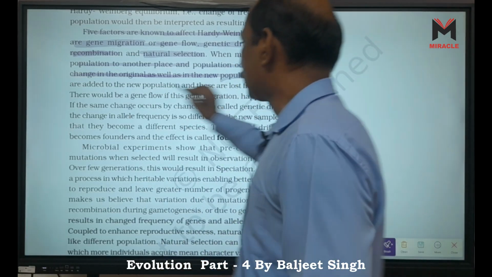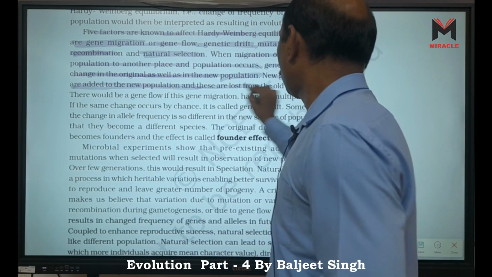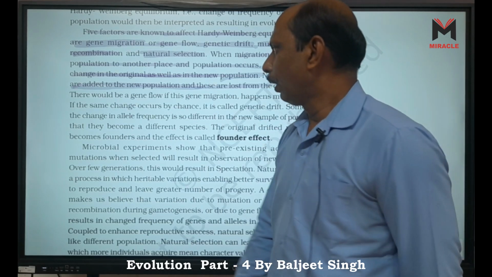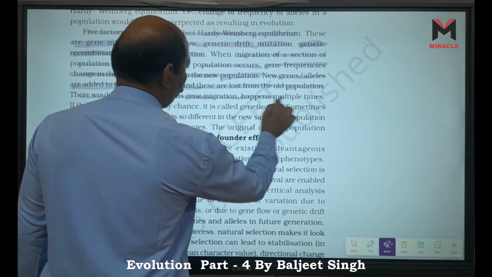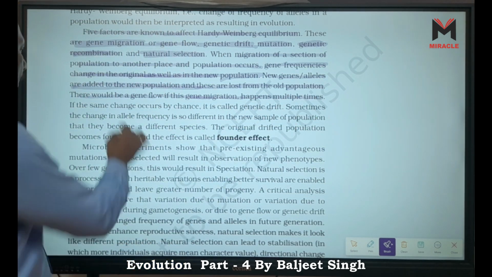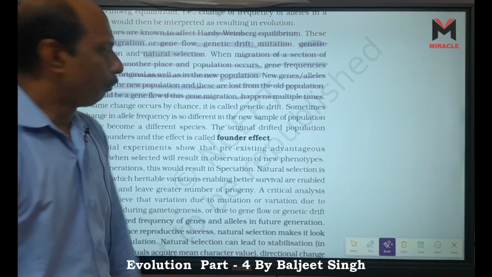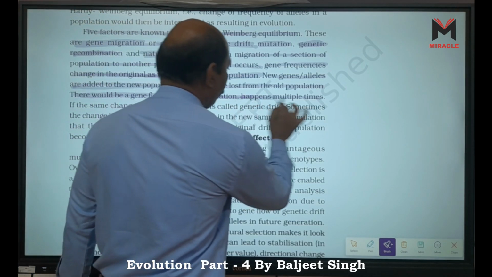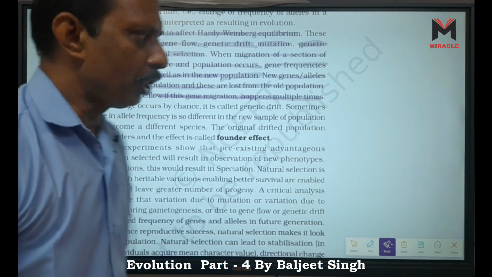New alleles are added to the new population and lost from the old population. Simply, there would be gene flow if migration happens multiple times, not one time only. If they come and settle here multiple times, then gene flow is there.